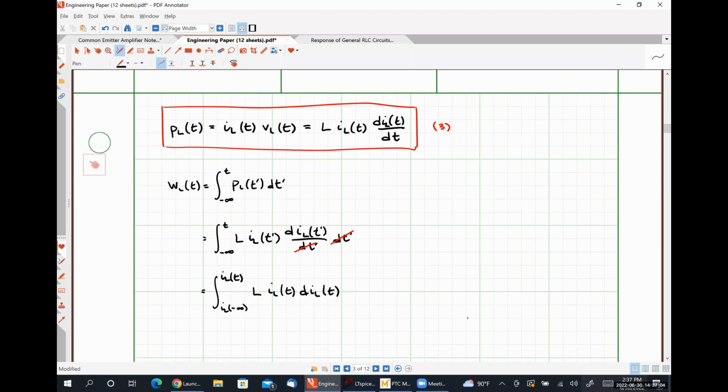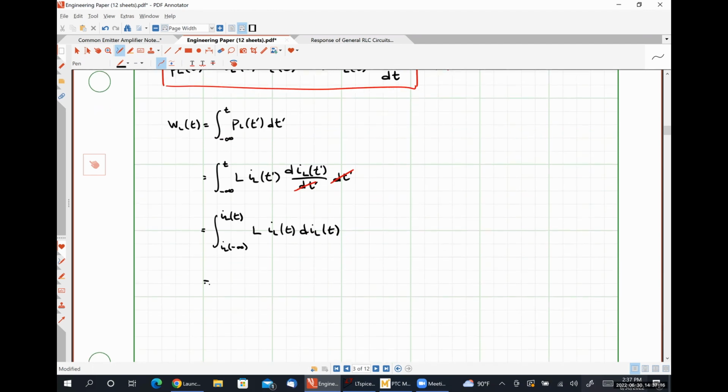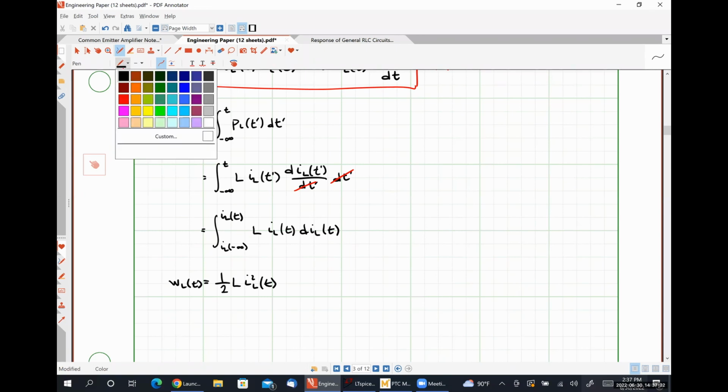And if we consider that there was no current flowing through the inductor at t equal to negative infinity, the result of this integration gives us the energy stored by an inductor is simply 1/2 L times I_L squared. This is our fourth equation.